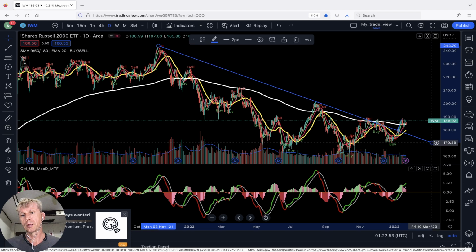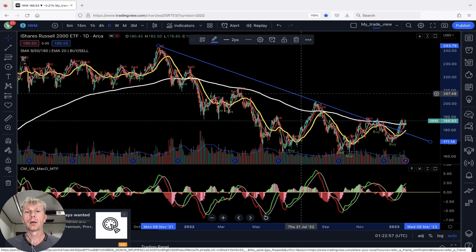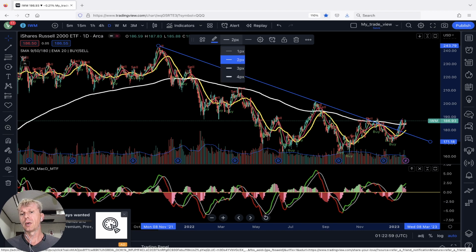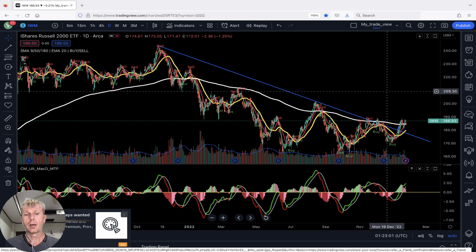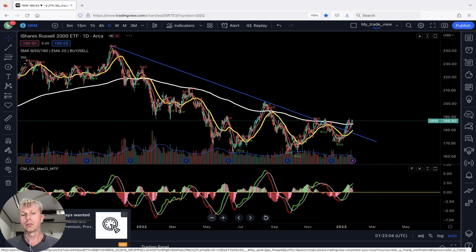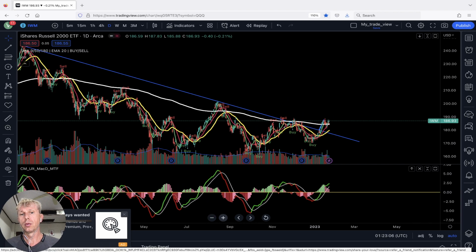This is the IWM trend line from the top of the market. And we are above this trend line. It's kind of bullish, right?